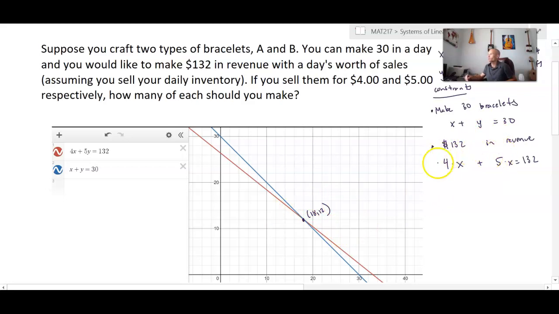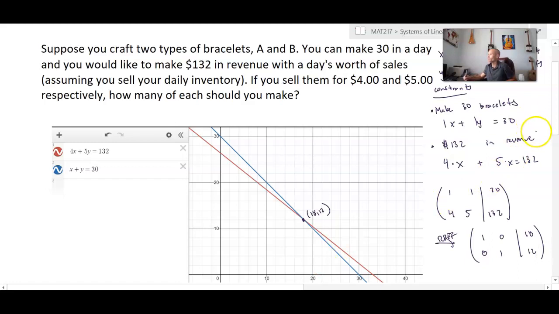And that'll give us exactly $132 in revenue. The other way we learn how to solve it is to create the augmented matrix and then to row reduce it using Gaussian elimination. In that case, we'd get 1, 0, 18, and 0, 1, 12. That's how we would see the solution.